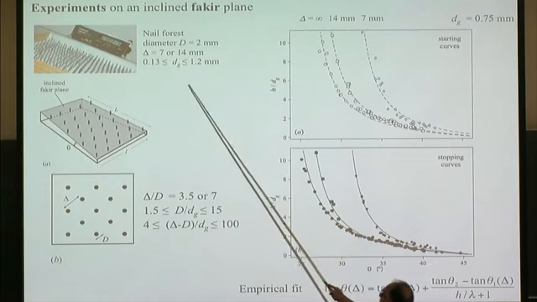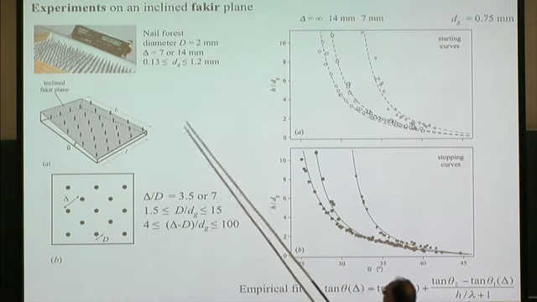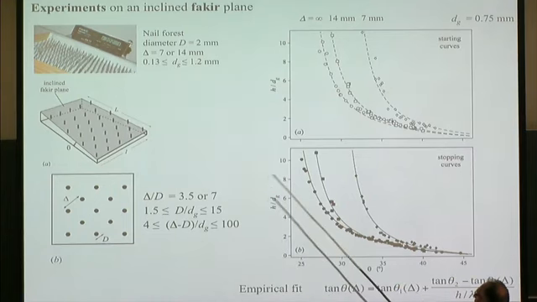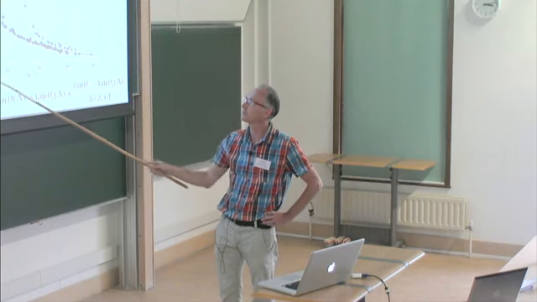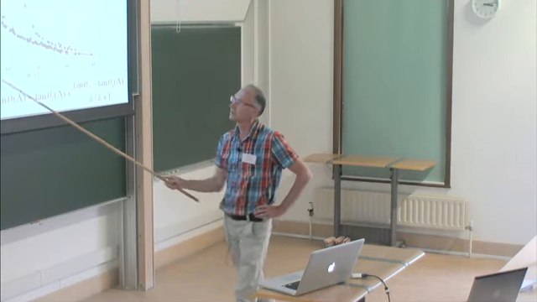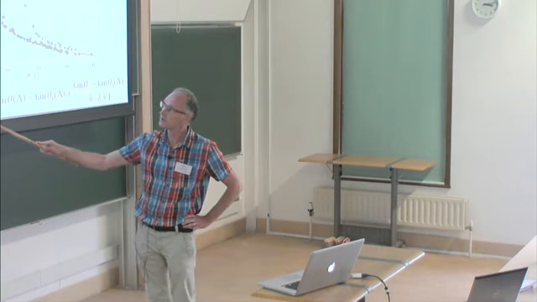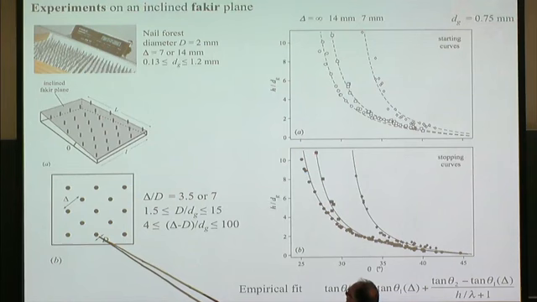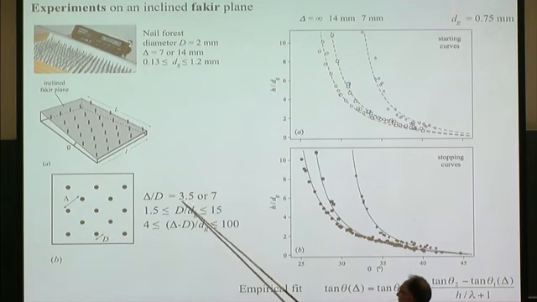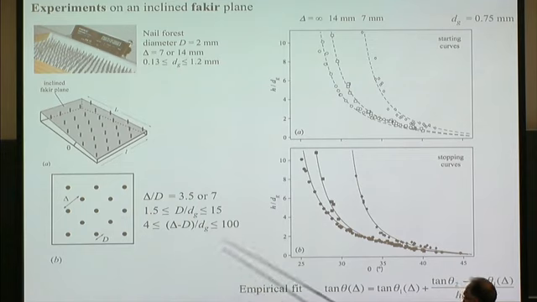We also varied the grain diameter between 0.1 and about 1 millimeter. So there are many size ratios that are important. The spacing between the nails over the nail diameter is about 3 to 7.